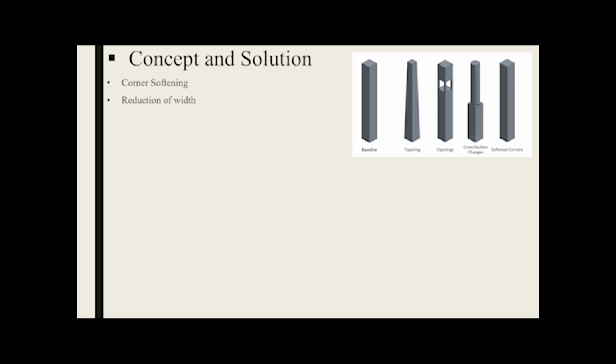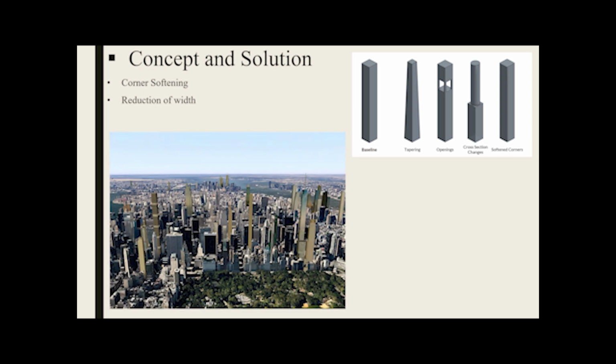There's another way. Next is the reduction of width. This is a very simple approach, and it is very common when building a skyscraper. As you can see in New York Manhattan, most buildings are very wide at the bottom, and as they go to the top, they narrow the width down to an antenna.